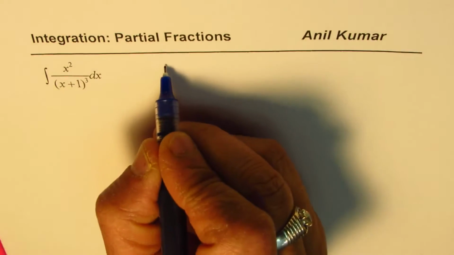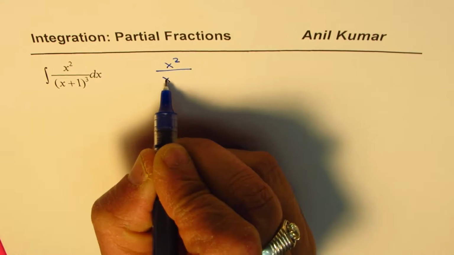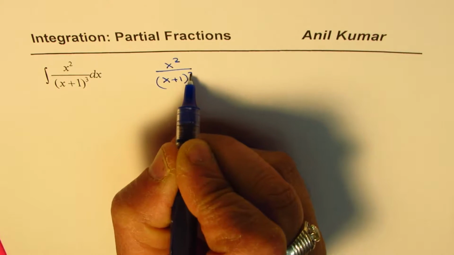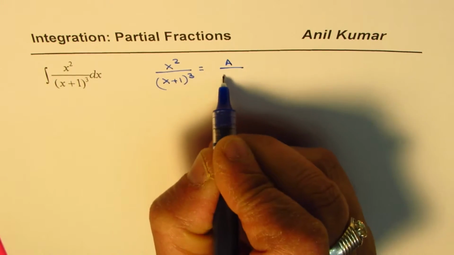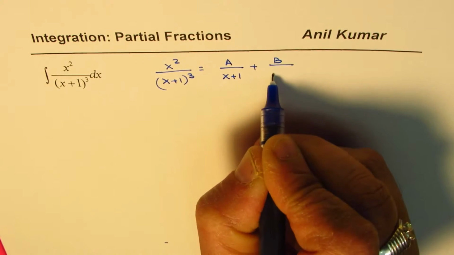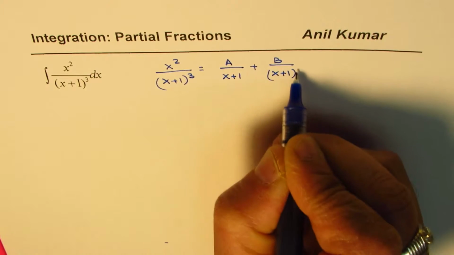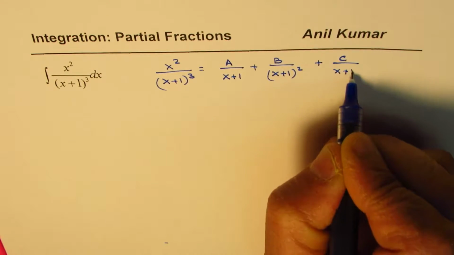So I could write this function x squared over (x plus 1) whole cube as equal to A over (x plus 1) plus B over (x plus 1) whole square plus C over (x plus 1) whole cube.